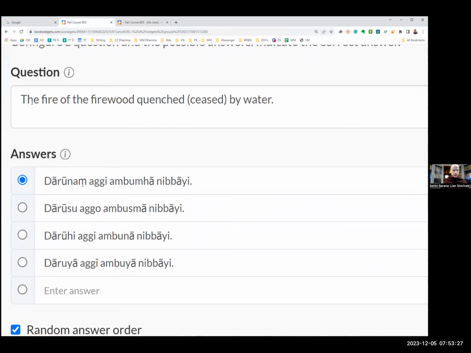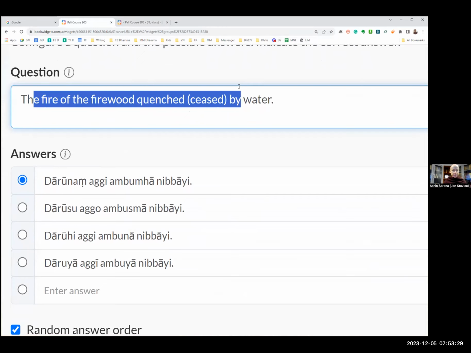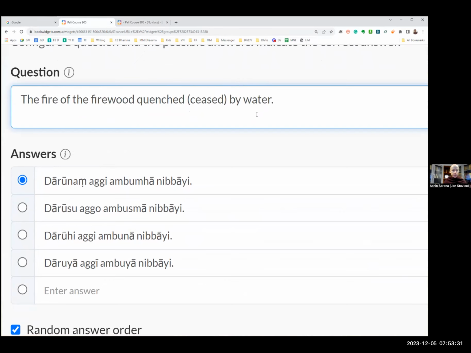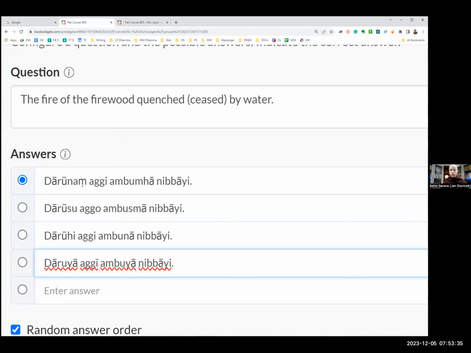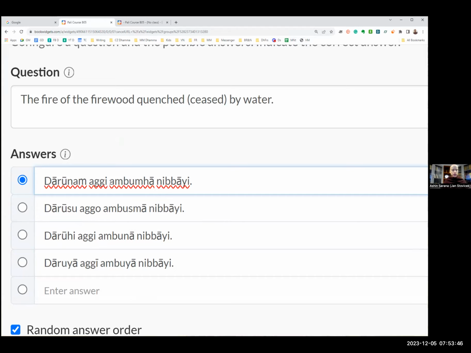The fire of the firewood is quenched, ceased by water. There is no difference in nibbai. Do you see that? It's a new word, I understand, but there is no difference. It's always just nibbai. All right. You are going to decide only whether it's aggi, or agi.